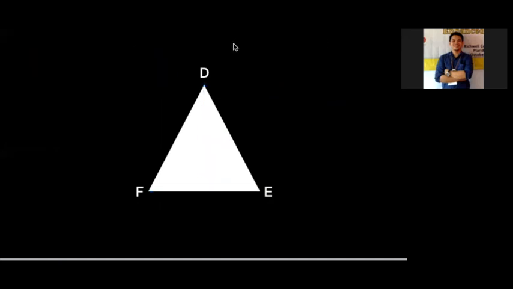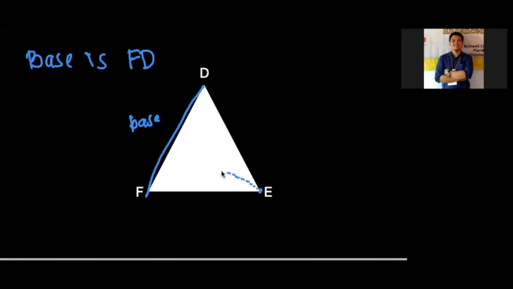Let's have the third scenario. The third scenario is if the base is, let's try FD. If FD is our base, then we draw the height from vertex E, and that will be perpendicular to our base FD.